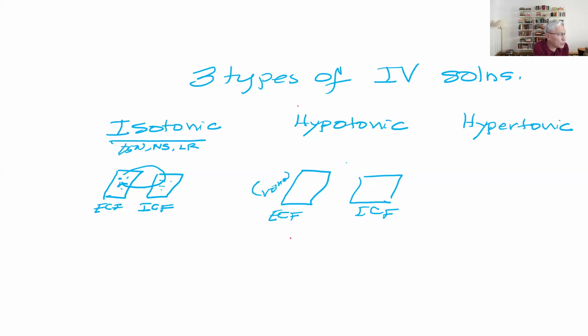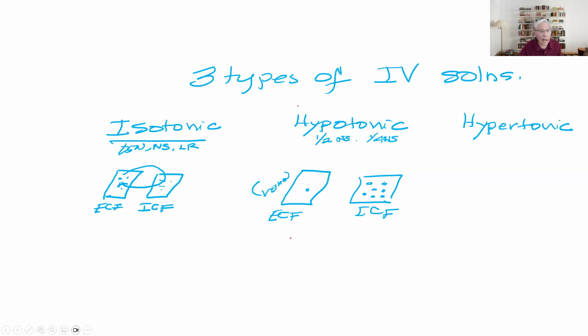A hypotonic solution, if you give a solution that is weaker than the concentration of the intracellular fluid compartment, then this is what's called hypotonic. Do you understand that? So a hypotonic solution might be a half normal saline or maybe a fourth normal saline. And these, of course, are going to be very important.